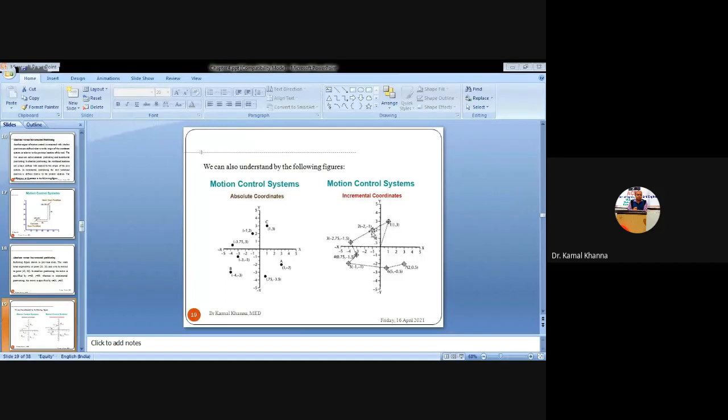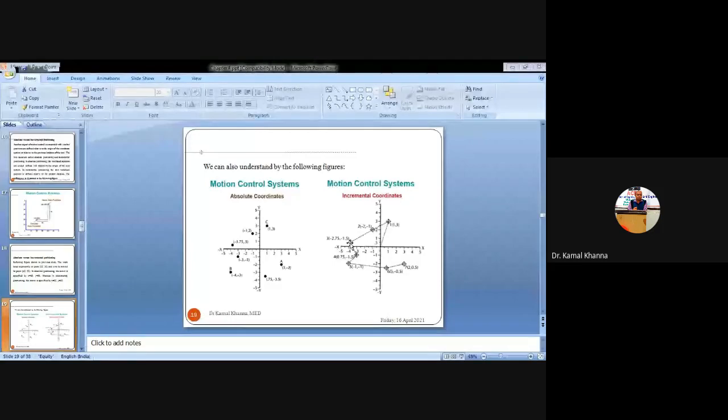Similarly, when the tool has to move to point C, point B becomes the origin for point C. Then when the tool moves from C to D, point C becomes the origin for point D. That is, our program has the set of instructions that the previous point will be considered as the origin.